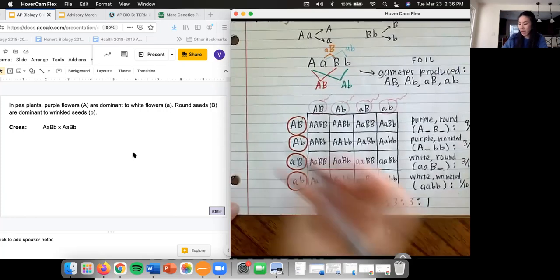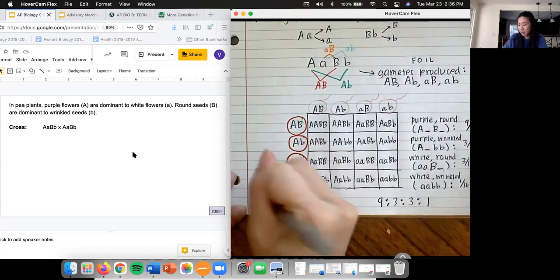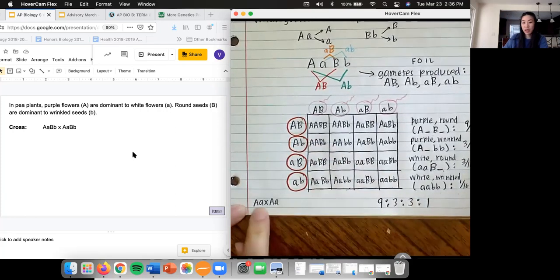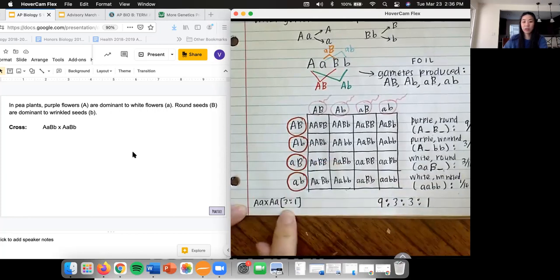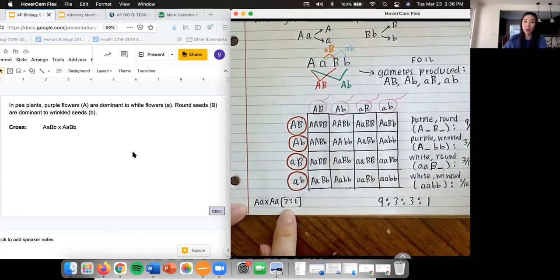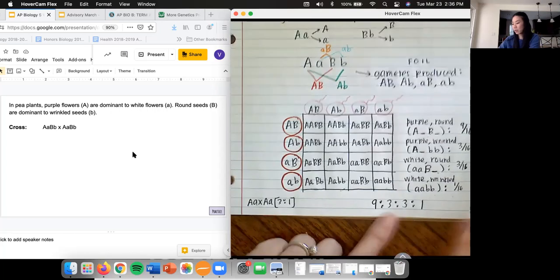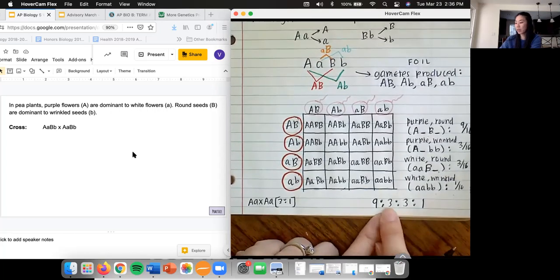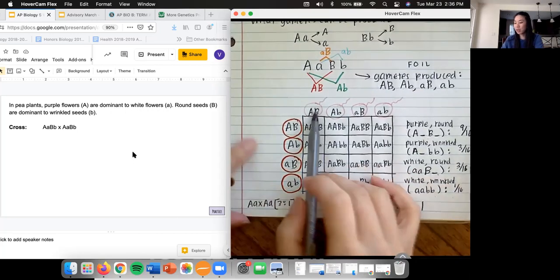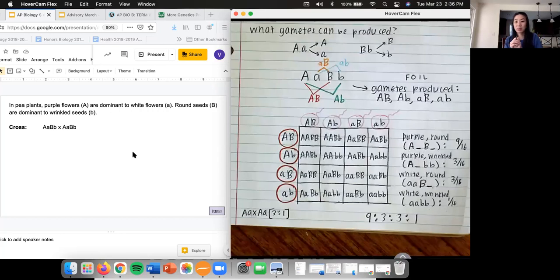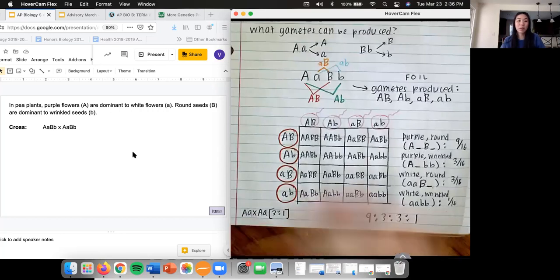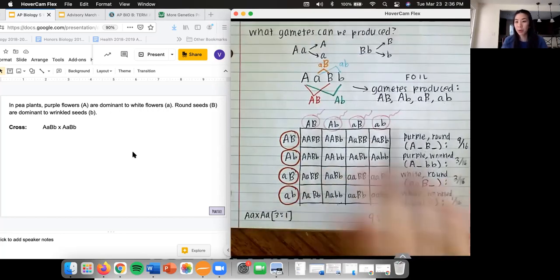It's kind of like when we have a monohybrid cross with two heterozygous parents. I think a lot of you are familiar with that, it's always 3:1. That's the ratio that you might be familiar with, or 75%, 25%. In this case, with a dihybrid with heterozygous parents, it's a 9:3:3:1 ratio. And the way I got this is because you take all the different gametes that could be made from each parent and you combine them together. Okay, this is probably one of the more complex ones because they're both heterozygous.